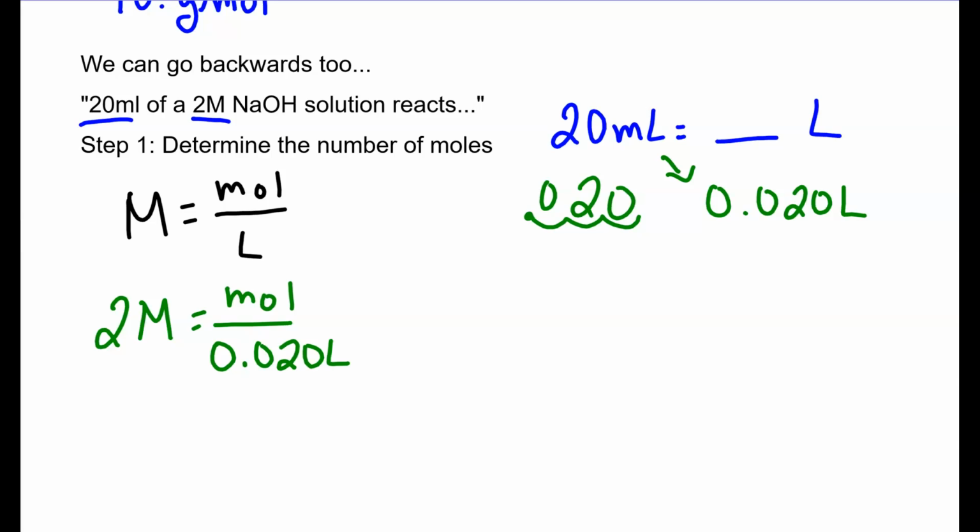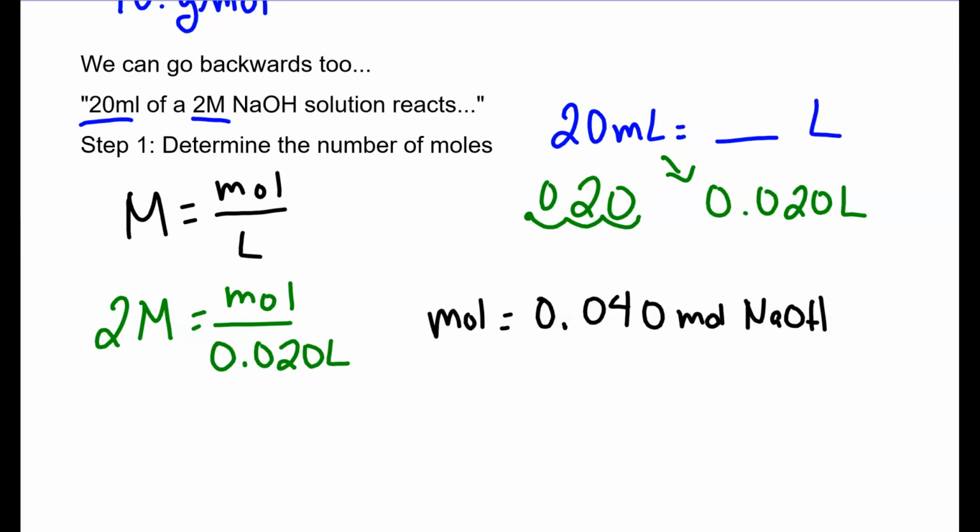After you get your calculator out, or if you just know that 2 times 0.02, the number of moles here is going to be 0.040 moles of NaOH.